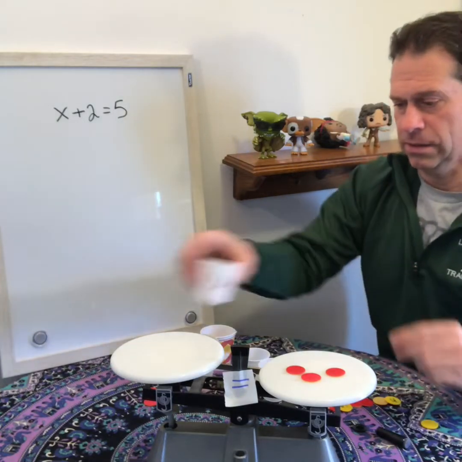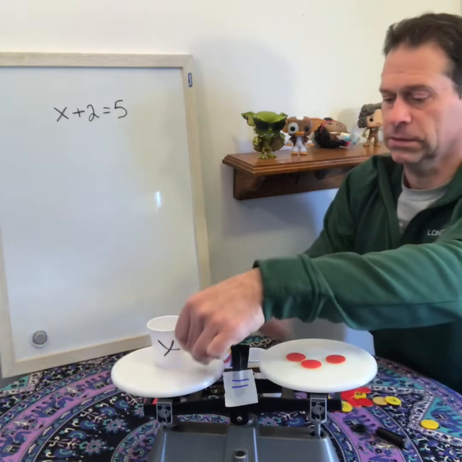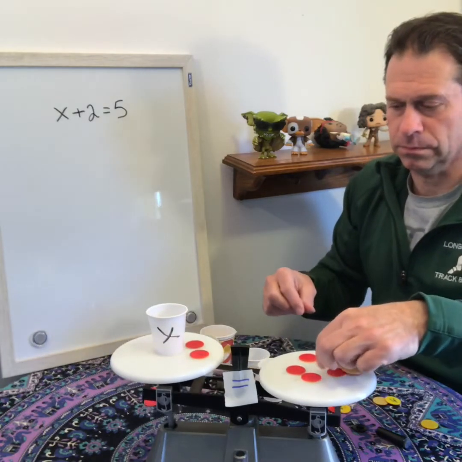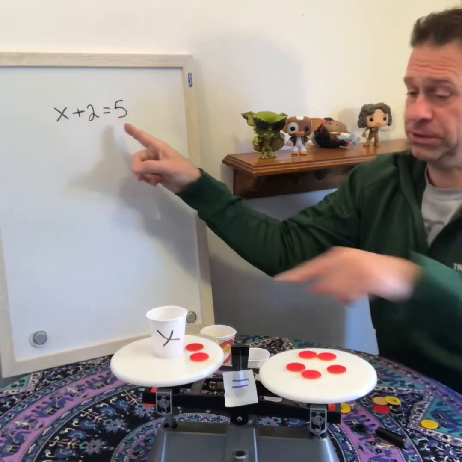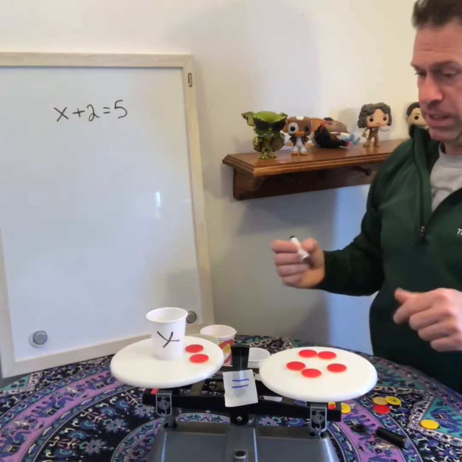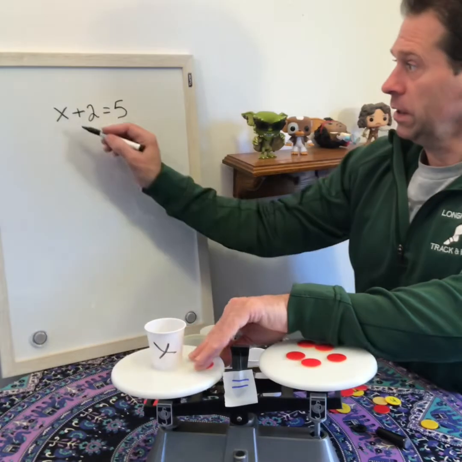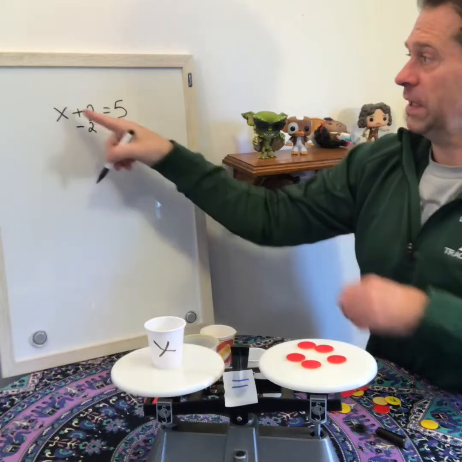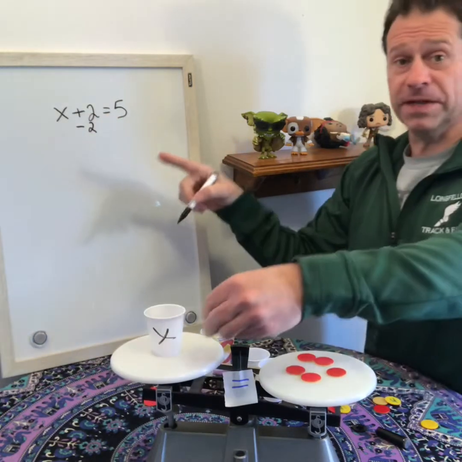So that looks like this on paper. I have x plus 2 equals 5. I need to take 2 of these away because I want to get x by itself. So I'm going to subtract 2 from this side. It says x plus 2. I have to get rid of these 2.